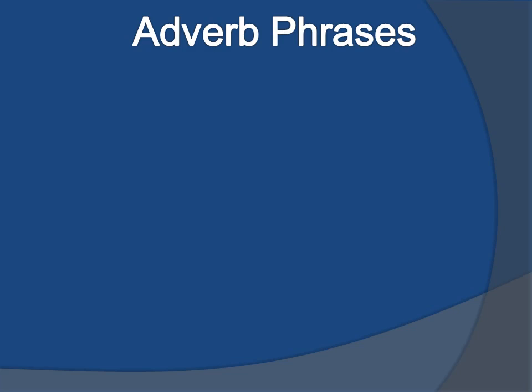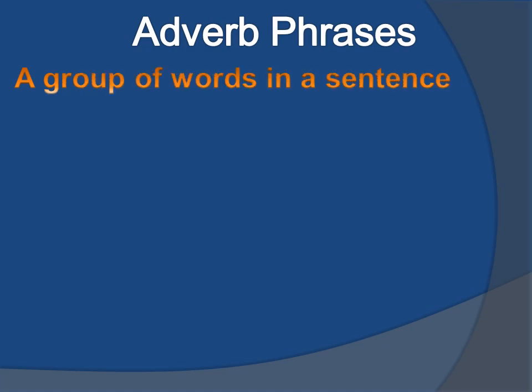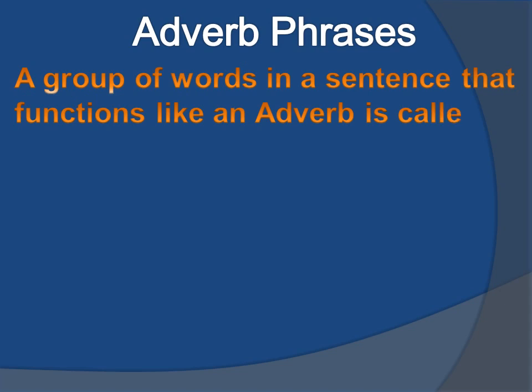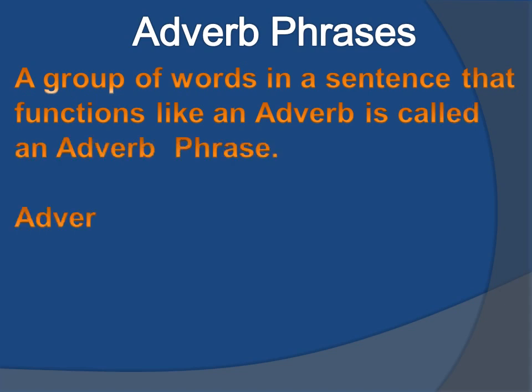Adverb phrases. Now what are adverb phrases? A group of words in a sentence that functions like an adverb is called an adverb phrase. We can also say adverb phrase modifies verb.